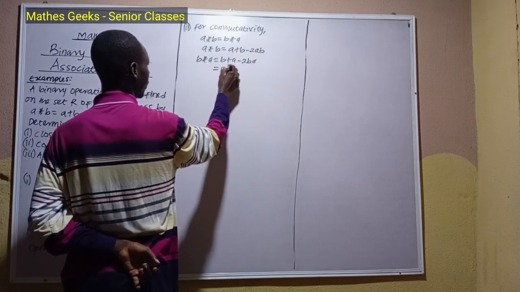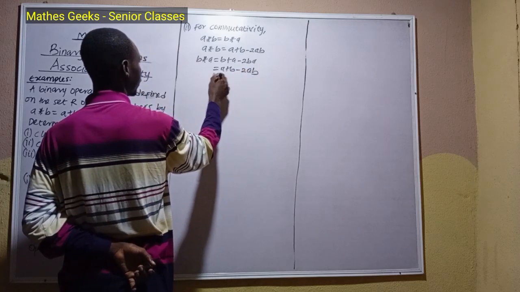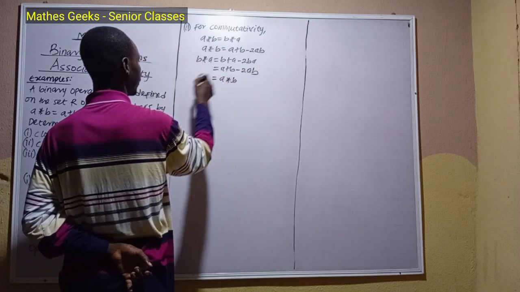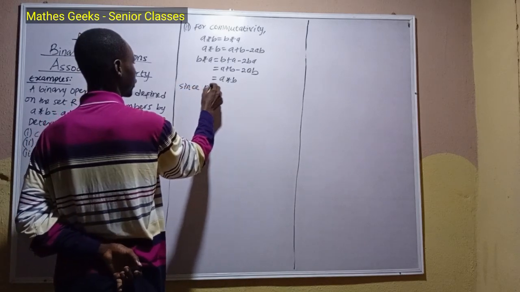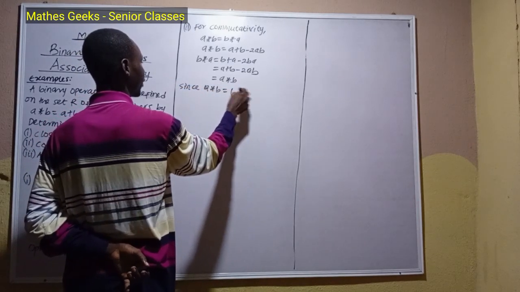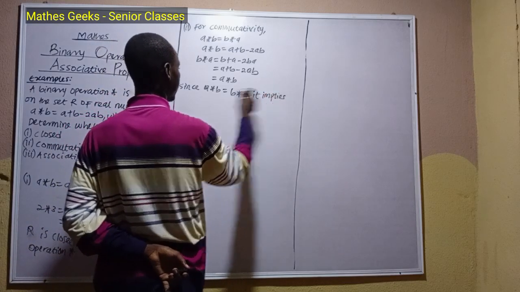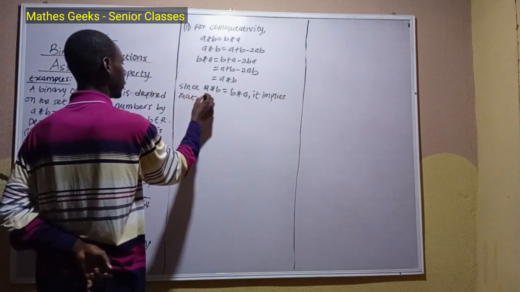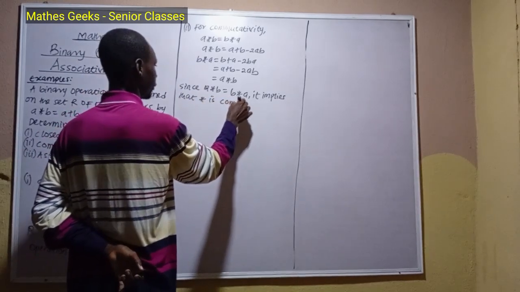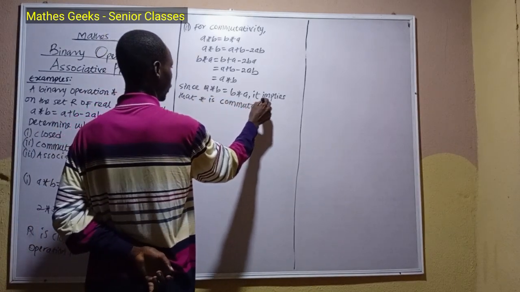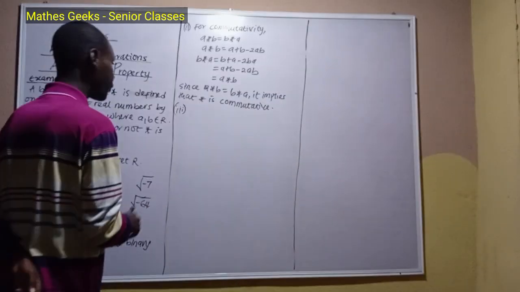So this will give us A plus B minus 2AB, which is equal to A star B. So since A star B is equal to B star A, it implies that star is commutative.